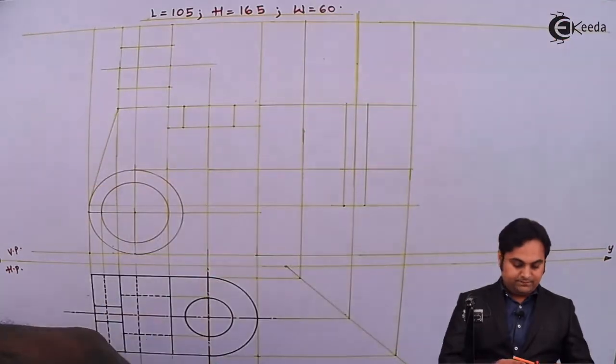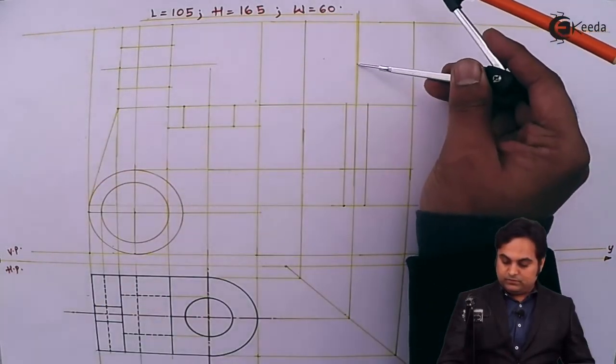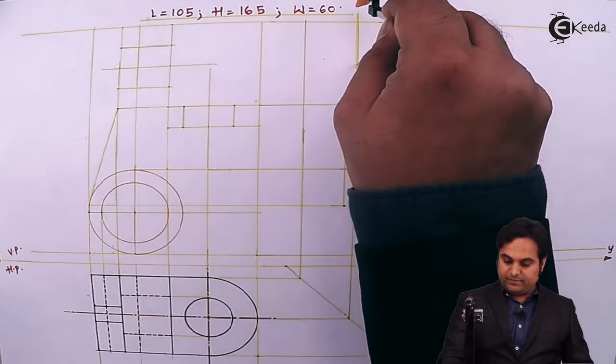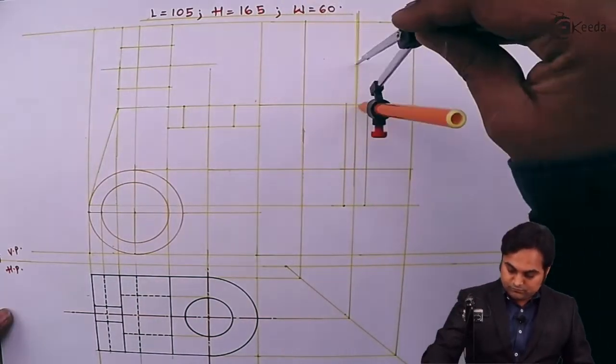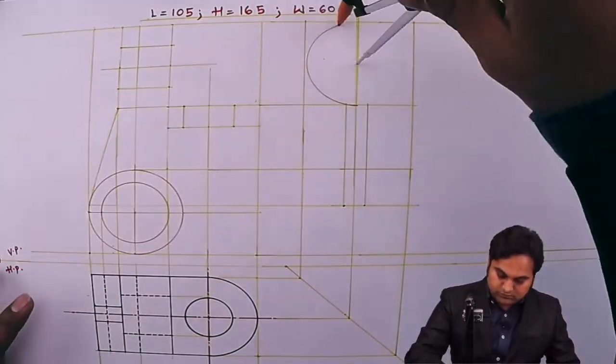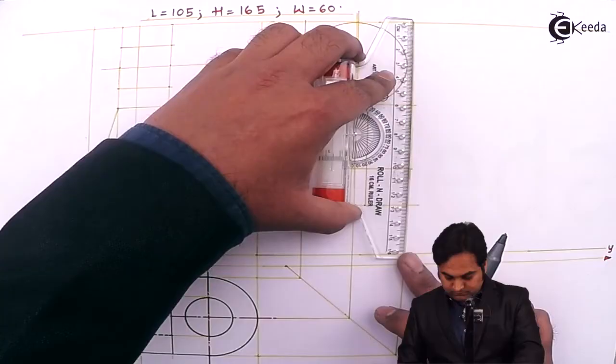Taking this center, and the radius is 30 mm, drawing a circle here.